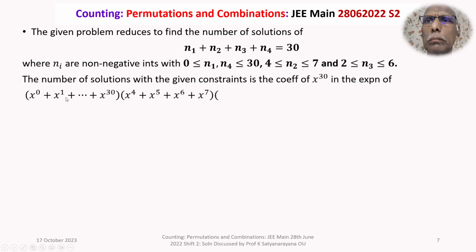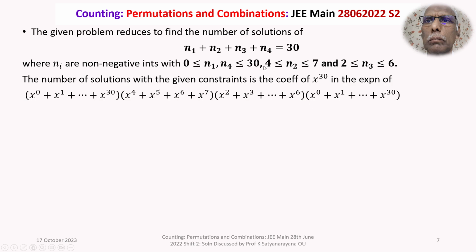The first one is the generating function for 0 less than or equal to n1 less than or equal to 30: x power 0 plus x power 1 plus x square and so on up to x power 30. For n2 starting from 4: x power 4 plus x power 5 plus x power 6 plus x power 7, since n2 is at most 7. For 2 less than or equal to n3 less than or equal to 6, the corresponding generating function is x square plus x cube and so on up to x power 6.